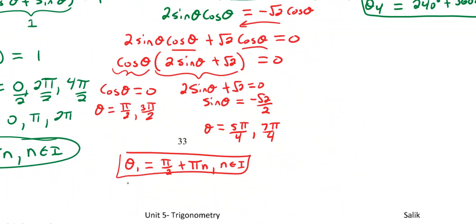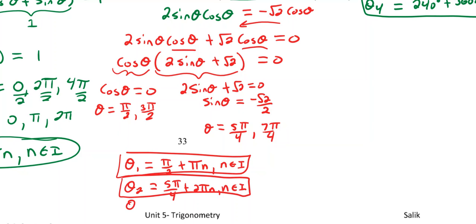Okay, so angle 2: that'll be 5 pi over 4 plus 2 pi n, where n is a member of the integers. And then just one more. Angle 3 would be 7 pi over 4 plus 2 pi n, where n is a member of the integers.